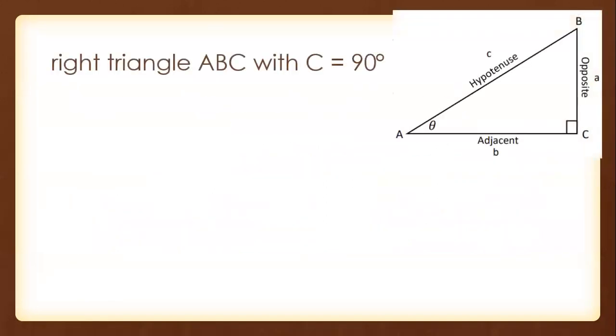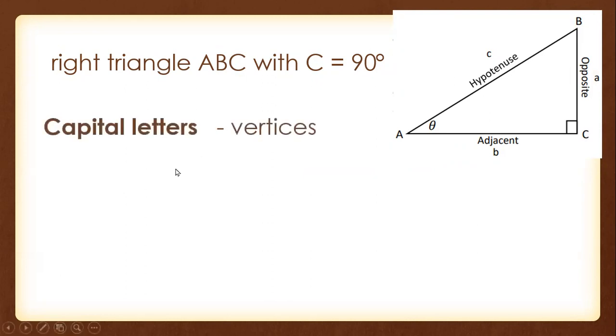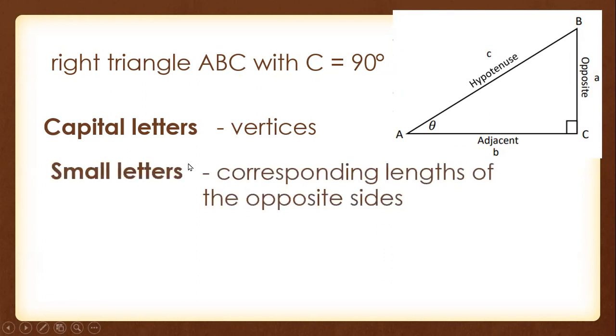In a right triangle ABC, here in our figure, with C equal to 90 degrees, or the right angle, we represent the vertices using capital letters and small letters for the corresponding lengths of the opposite side. So, capital letters A, B, C, these are the vertices.